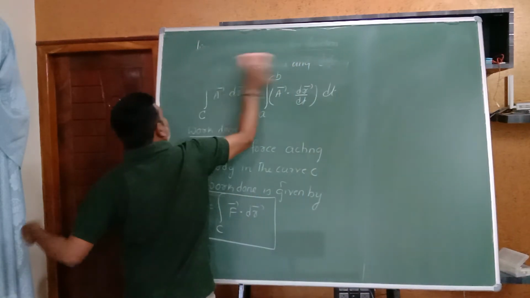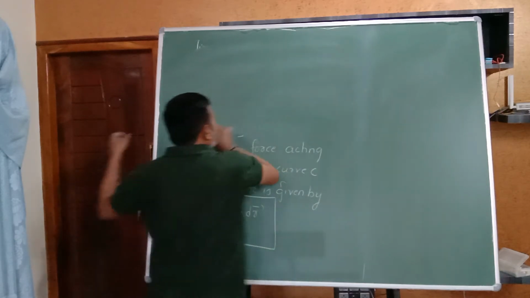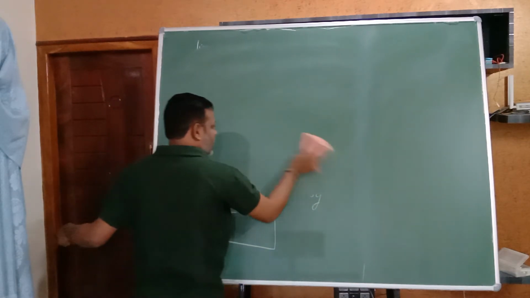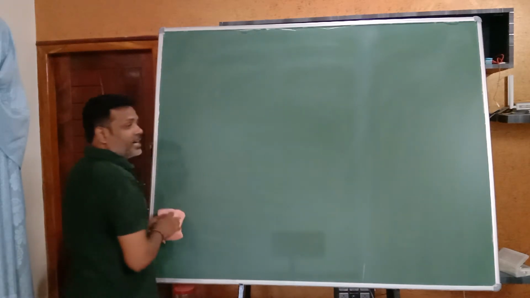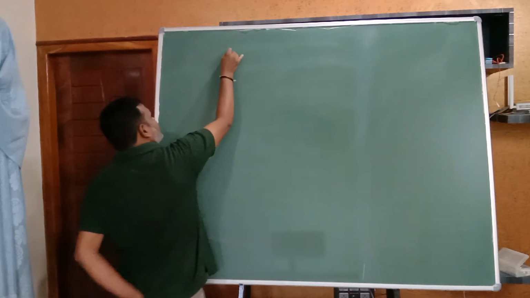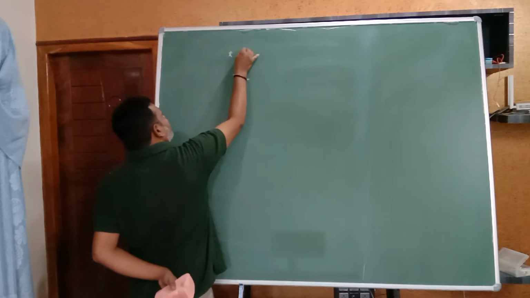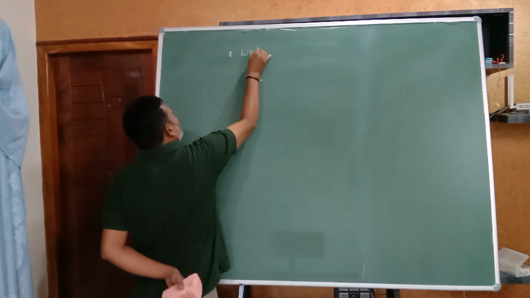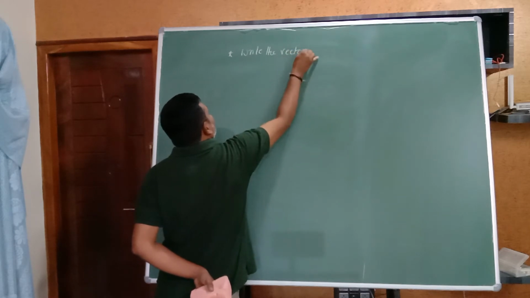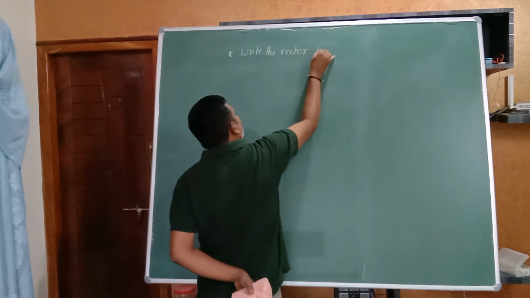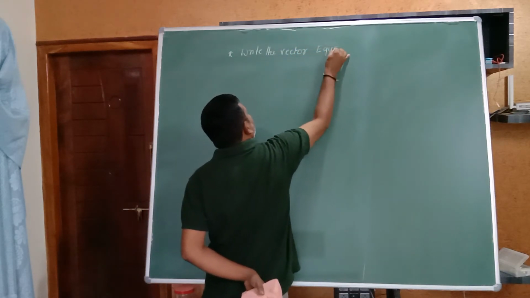I am going to write some of the steps associated with finding the work done, the line integral of some functions. So now let us understand. The first step is to write the vector equation. I already explained that.